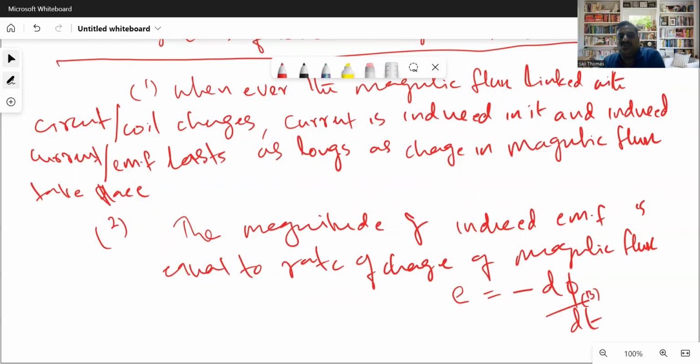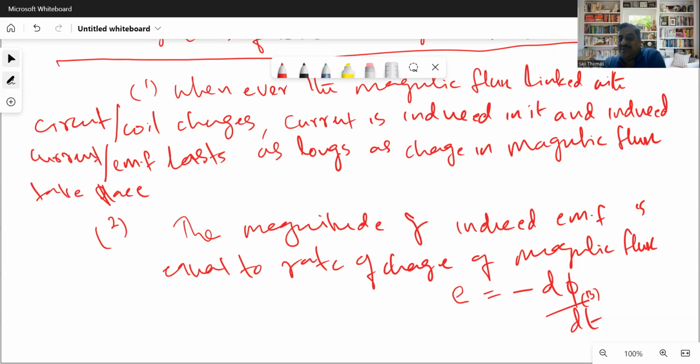So what are the Faraday's laws of electromagnetic induction? Whenever magnetic flux linked with a circuit or coil changes, current is induced in it. And current lasts as long as the change in magnetic flux takes place. What is the second law? That is very important.